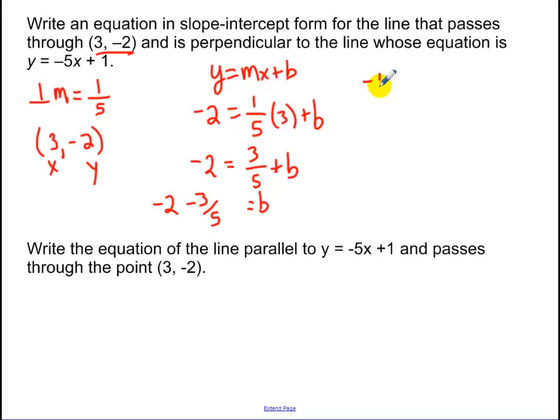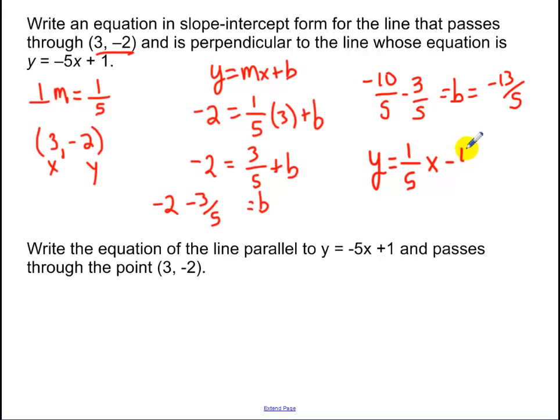Well, -2 is -10/5 minus 3/5. So that is going to simplify to -13/5. So y equals our new slope, use your new slope. So that's the equation of our perpendicular line.